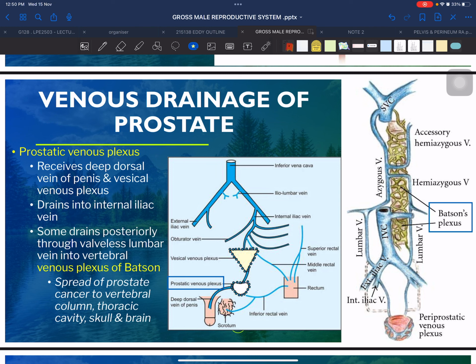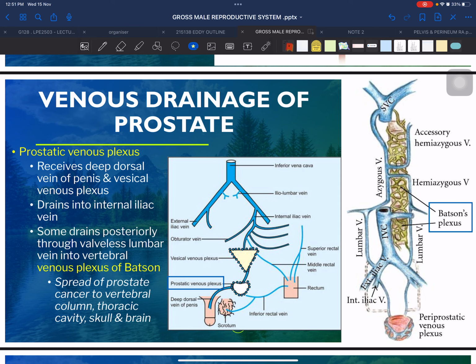So if there is cancer or infection in the prostate gland, it can spread towards the brain through this vertebral column and inside the thoracic cavity, by this plexus.